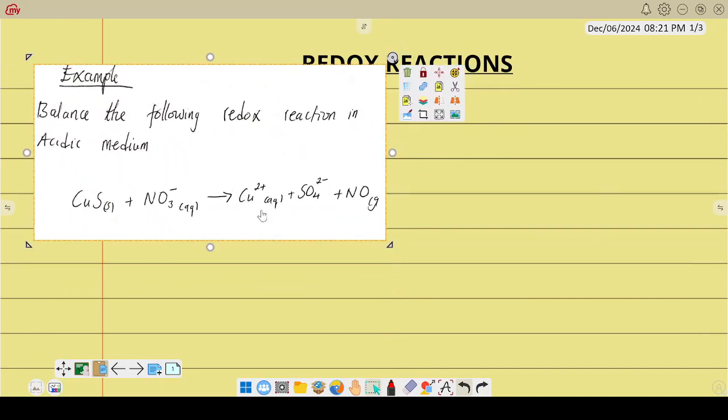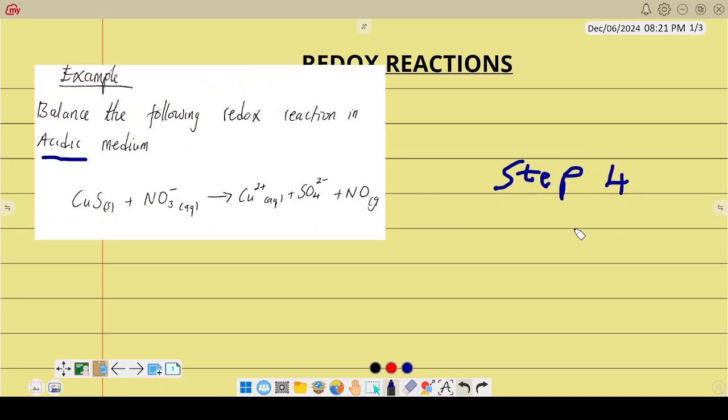So here it is. It says balance the following redox reaction in acidic medium. So the steps are just the same. The only difference between acidic and basic is on step 4.